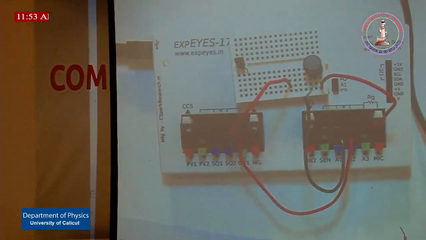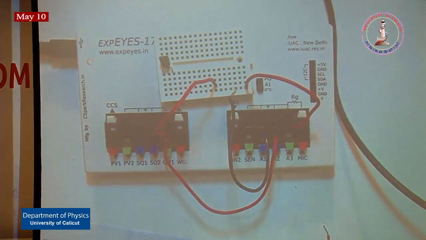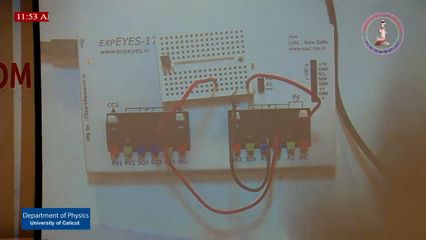Okay, let's leave it. Now I'll go back to the coil because we need to measure the inductance of this coil.